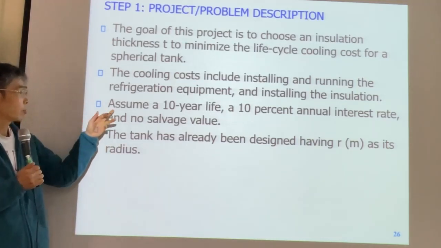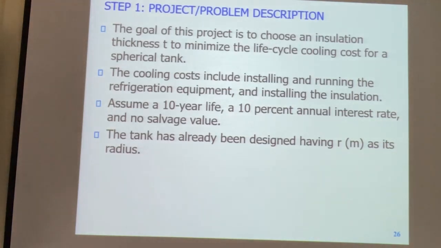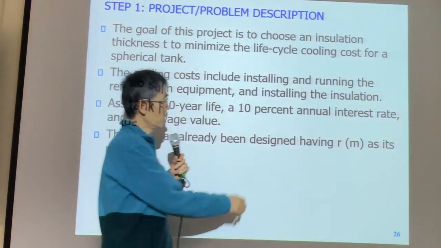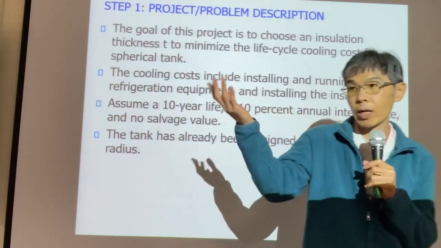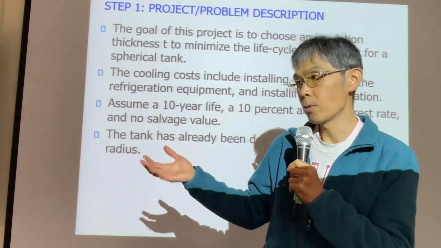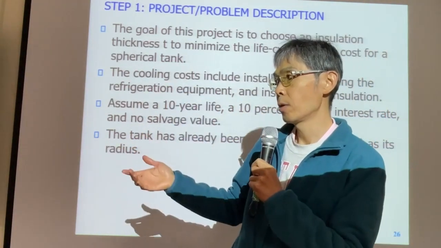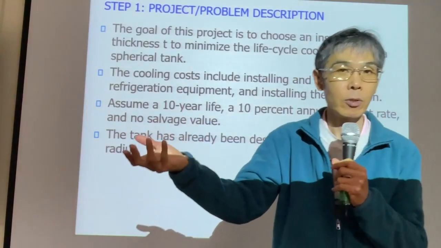Assume 10 years life, 10% loan interest rate, and no salvage value. Okay, we want this tank to be used for 10 years. But we borrow money from the bank to build the tank, then we need to pay the interest.